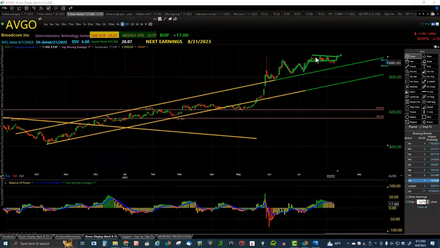Eventually, somebody's going to come out on the other side. I think this is going to fail to make a lower low, and it's going to J hook to the upside. Watch for that to possibly play out. But wait for confirmation. You know what I'm saying? Just because I said it's going to J hook doesn't mean it's going to work out. Wait for things to turn around and the bulls to step in and get you 51%.